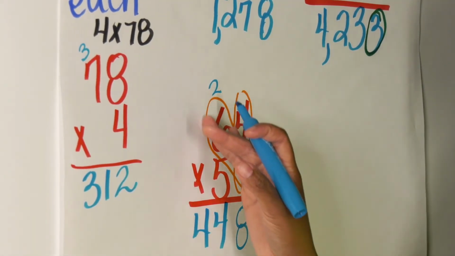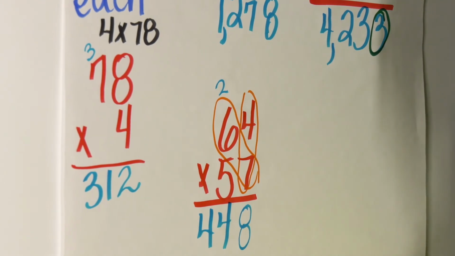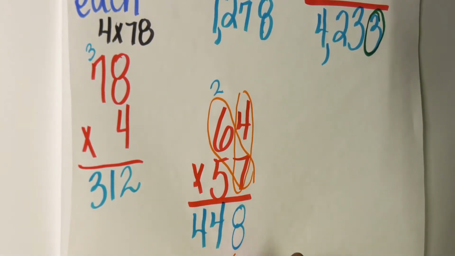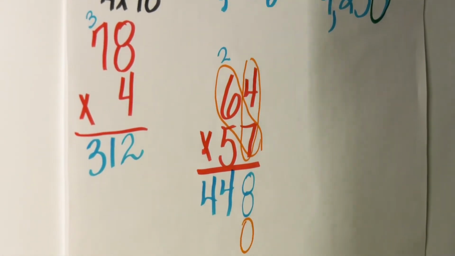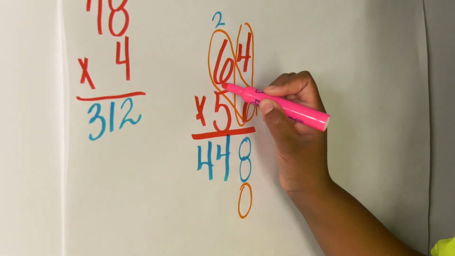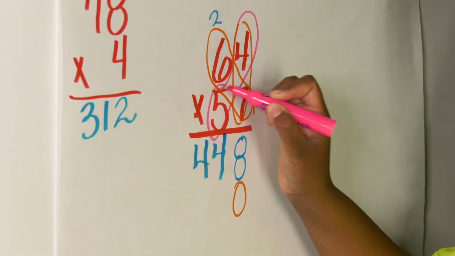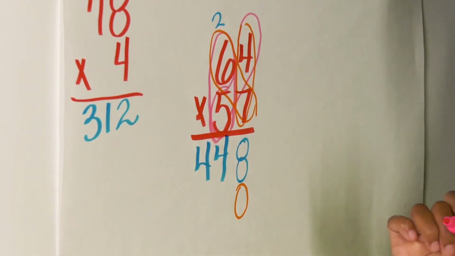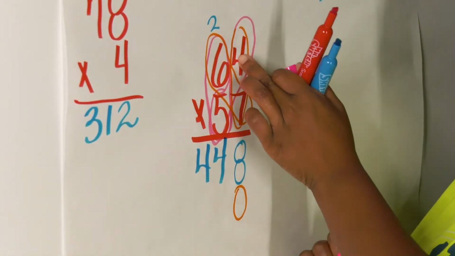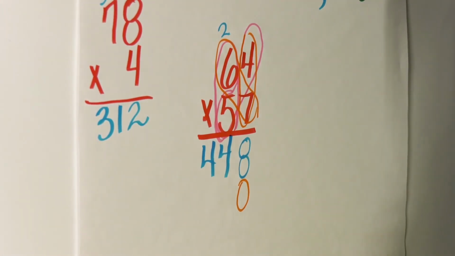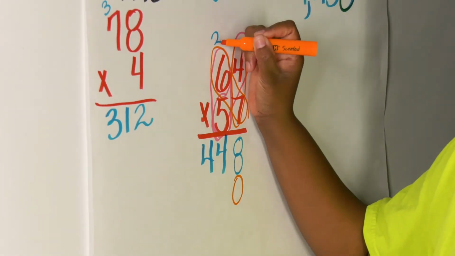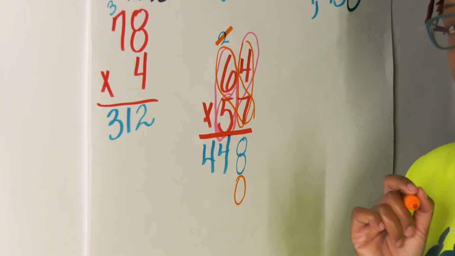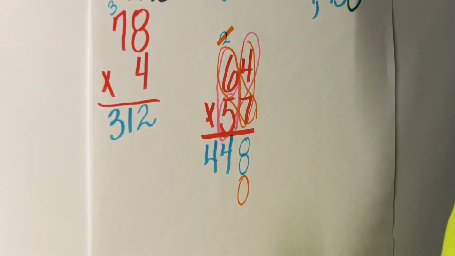Now since I'm done with the ones place, I want to put a 0 there because now I'm shifting to my tens place. And now I want to take everything at the top and multiply it by 5. So we have 5 times 4 first. And one thing I want you to remember to do is cross out your carried value so you don't add it more than once, okay?